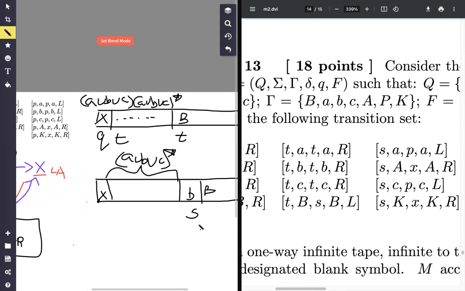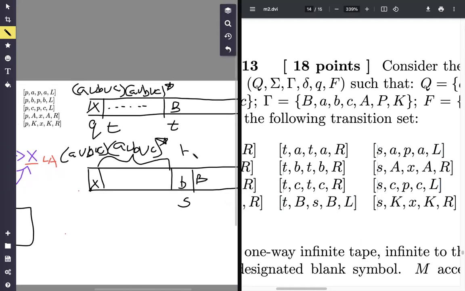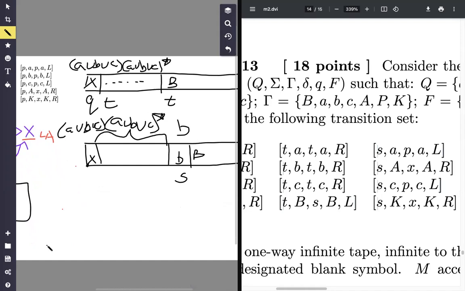And again, if we're in state S and we see a b, we don't have a transition for it, so we stop. And this we never changed. We never came back to this capital letter, which means this is still just A or B or C. And then this b was mandatory. So my first part of the answer is (A or B or C)(A or B or C) star b.